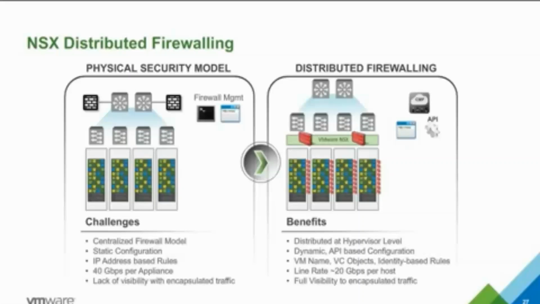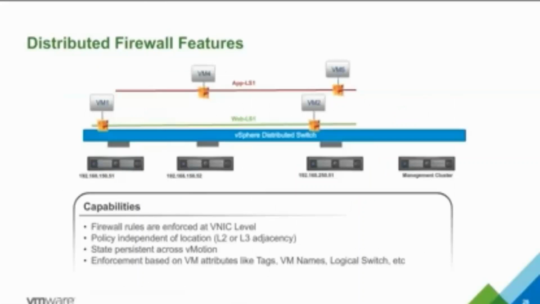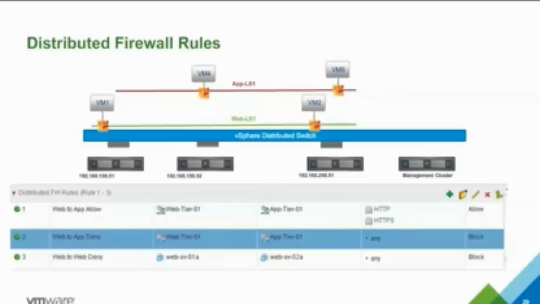So now it's totally feasible to do this firewalling everywhere, on every VM, all this traffic, and manage it centrally. So again, firewall rules enforced at the VNIC level. How you construct these firewall rules, it's not the classic 5-tuple IP thing that a physical firewall has to do.